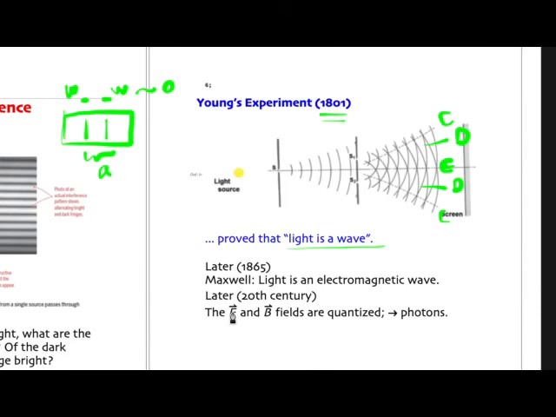And in particular, the electric and magnetic fields are quantized. They're quantized fields. And the excitations of those quantized fields had a smallest size. The smallest excitation of the electric and magnetic quantum fields is called a photon.